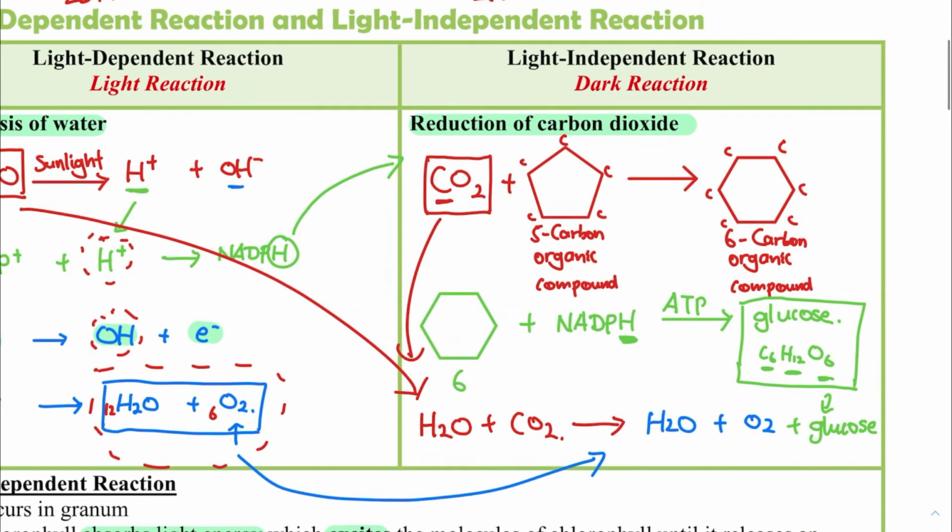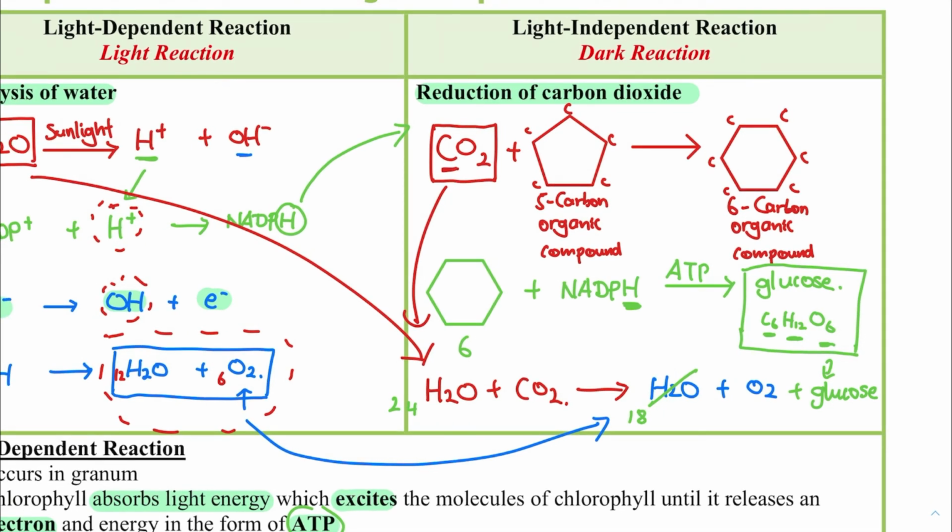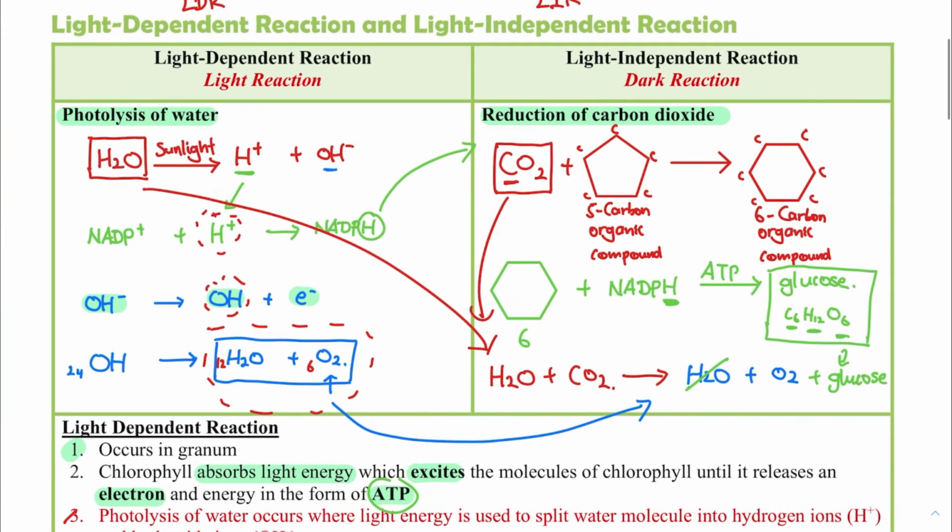Which is the same equation we got just now, just that the water behind, to be exact, we cancelled it off, because we used 24 water initially. By the end, we actually only produce 12, but to be exact, actually we produce 18. I'm not going to go into details how we get 18 because we don't learn that, but just to let you know, we actually get 18. So if you cancel it off, we actually only use 6 in the beginning, so there's no water behind. But that's not important. So that's how we got the equation just now in front.